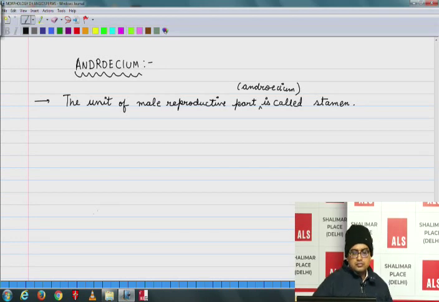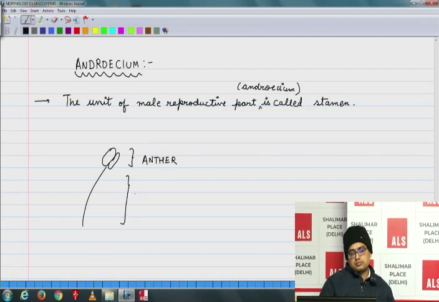What is a stamen? Stamen consists of two parts, anther and filament. Microsporophyll.